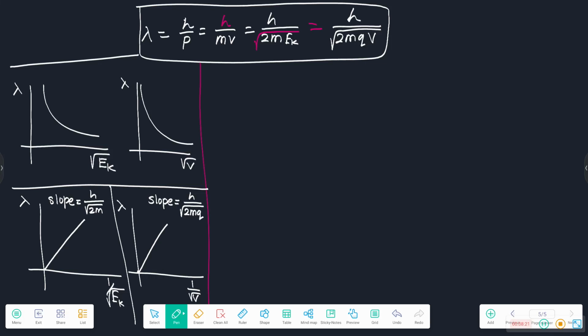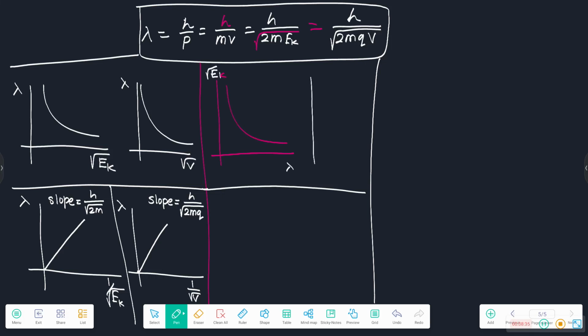Now next lesson. Suppose I change here. I'll do here root ek and lambda, no change, the same graph will come. Here root v and lambda, the same graph will come.